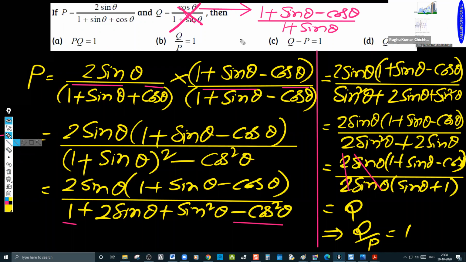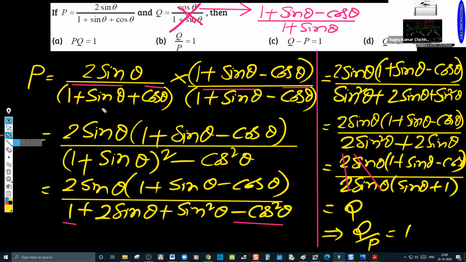So Maurya, what we did now, we have taken P here, because the denominator contains 1 plus sine theta. I did a kind of rationalization here. I say kind of, because rationalization is the process of elimination of roots, and you don't have any roots here.